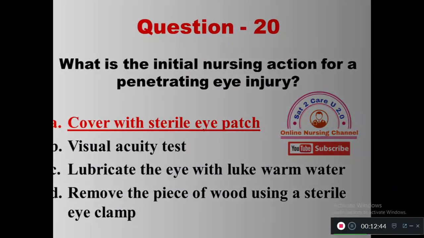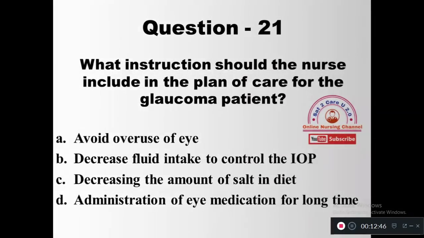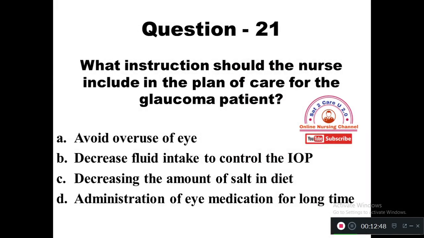Question number 21. What instruction should the nurse include in the plan of care for the glaucoma patient? Option A avoid overuse of eye, B decrease fluid intake to control the intraocular pressure, option C decrease the amount of salt in diet, option D administration of eye medication for a long time.